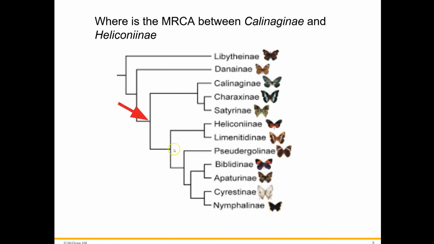Why isn't it here? Well, then we would be excluding this upper group. Why isn't it right here? Well, this is not downstream of this lower group. We're going to talk more about this later, but hopefully this makes some sense. You have to understand how a phylogenetic tree works in order to understand the evolutionary relationships necessary for this class.